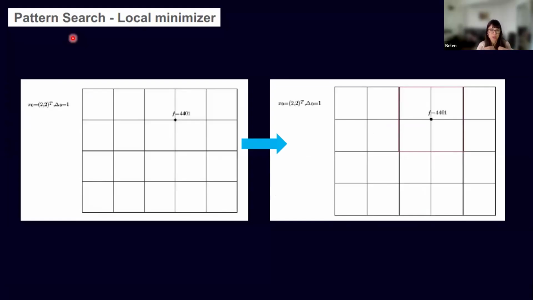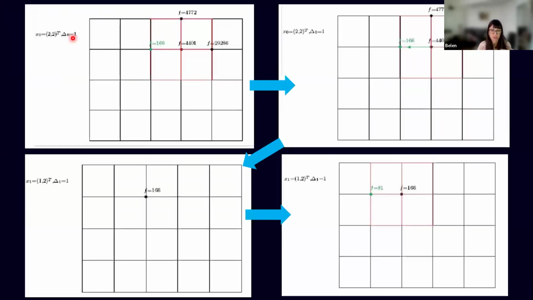We evaluate the function at points plus and minus the step in every dimension, that's to say, around the seed in the grid. If a point improves the function value, that's to say, if we find a lower value of our objective function, we move there, and this becomes our new center.